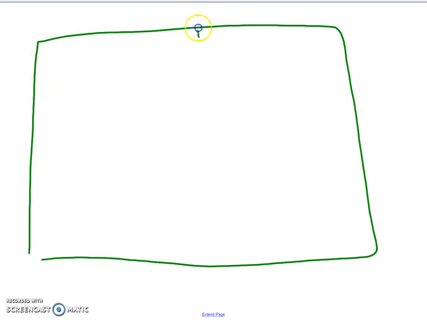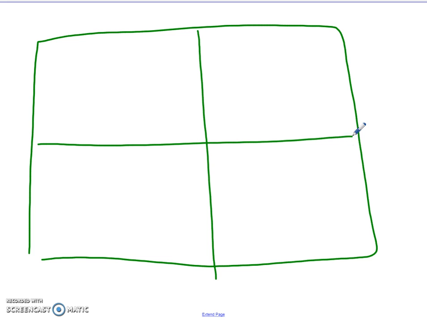So the first thing I need you to do is take your sheet of paper and fold it into quarters. And then on the front, you're going to title this box surface area of prisms.